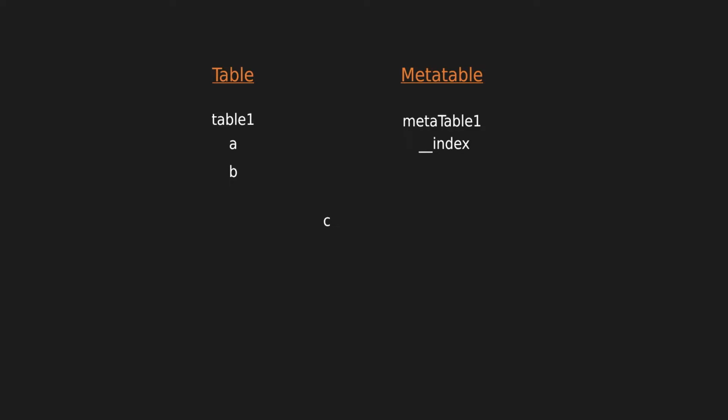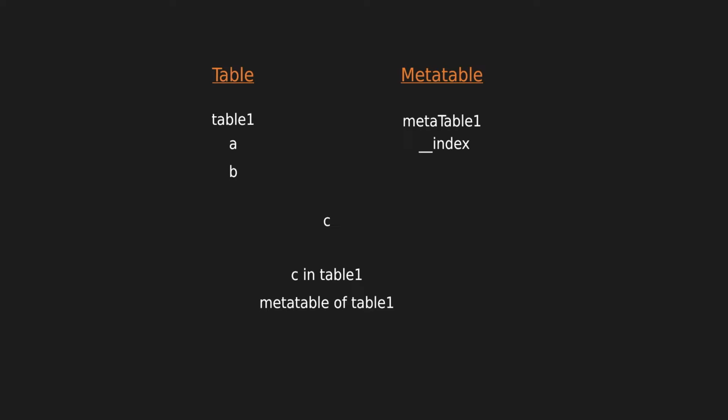C is not defined in table1. So in Lua, it is first checked if C is in table1 or not. If it is there, C's value will be returned. But if C is not in table1, the code checks if there is a metatable defined for table1. In the example we did in Roblox Studio, we didn't define any metatable. So it returned nil when we tried to print an element that wasn't defined in the table.